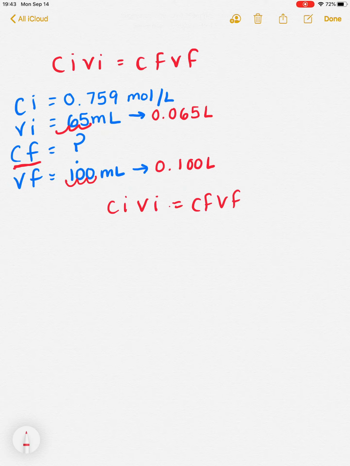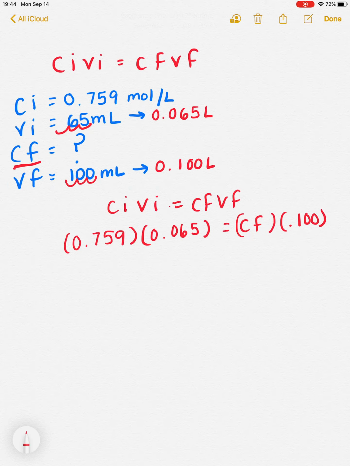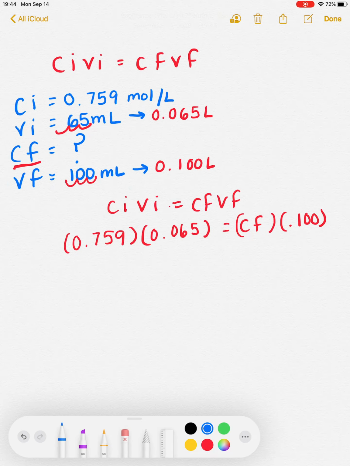Plug in our information. CI is 0.759 multiplied by our VI, which is 0.065, is equal to our CF, which we don't know, and our VF, which we know as being 0.100. All right, so now we can solve.